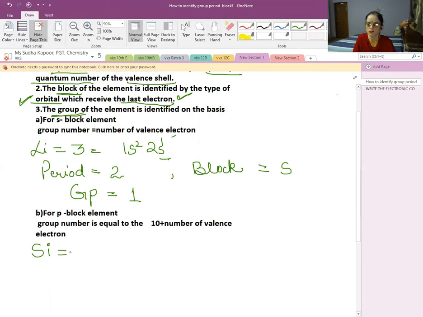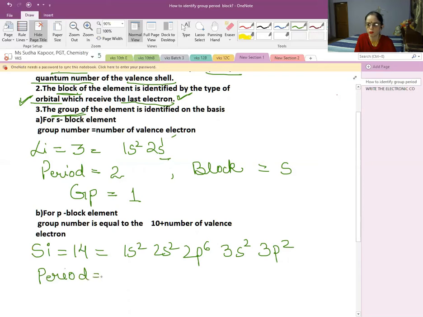In the case of silicon, the atomic number is 14. The configuration is 1s2, 2s2, 2p6, then 3s2, and then 3p2, that is 3px1, 3py1. Now the period number is equal to the principal quantum number, which is 3 here. Block is equal to the last electron's orbital, so it is the p block.